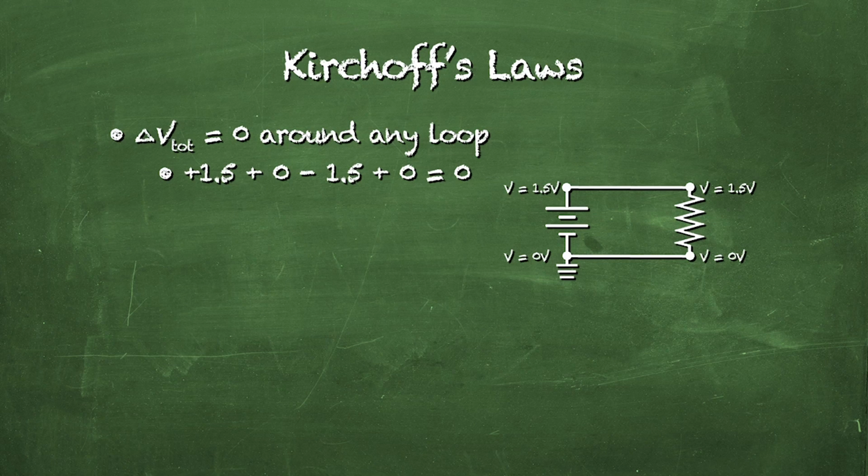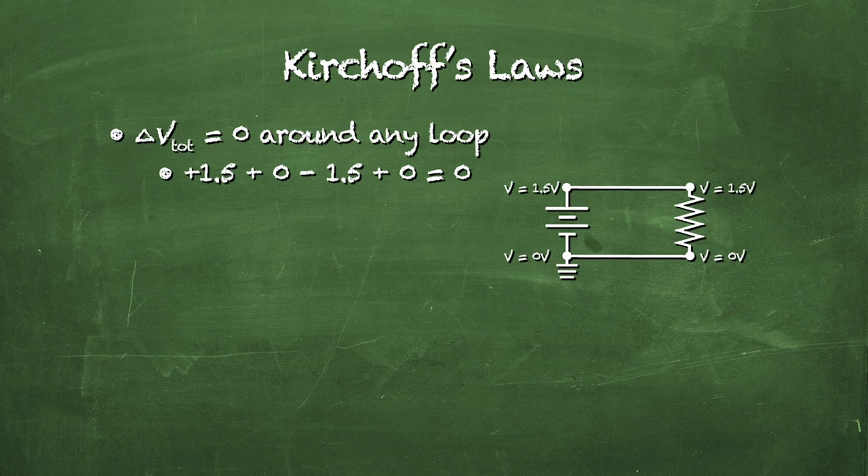So the change in potential going from the bottom left-hand corner to the top left-hand corner is plus 1.5 volts, and the top left-hand corner has a potential of 1.5 volts. Now I'll move from the top left-hand corner to the top right-hand corner. We're going across a conductor, or a wire, so the potential doesn't change. So the top right-hand corner also has a potential of 1.5 volts.